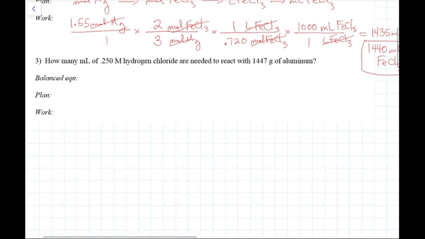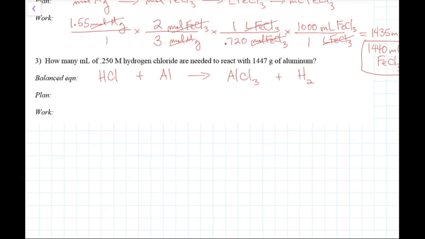Okay, this last one I'm going to let you finish, but let's at least get it started here. Hydrogen chloride reacting with aluminum. That's a single replacement reaction. So aluminum is going to replace hydrogen. And it's going to give you AlCl3 plus H2. And then to balance this one's a little bit tricky.